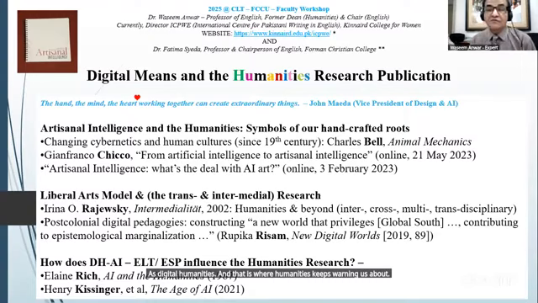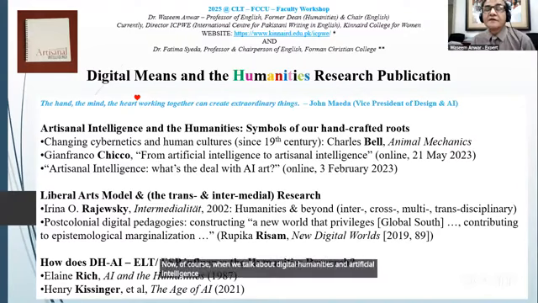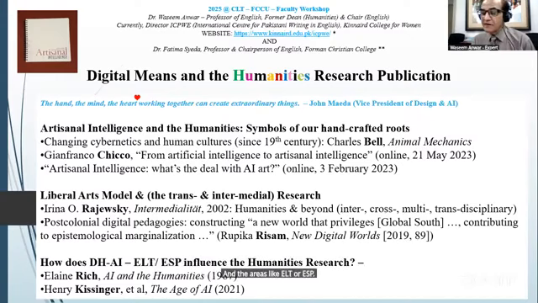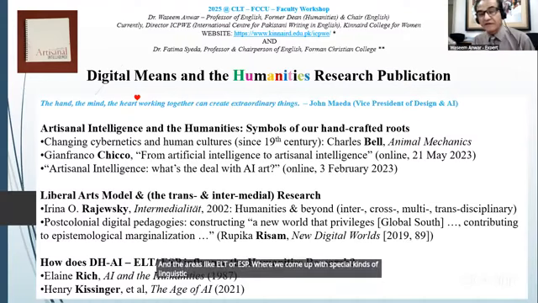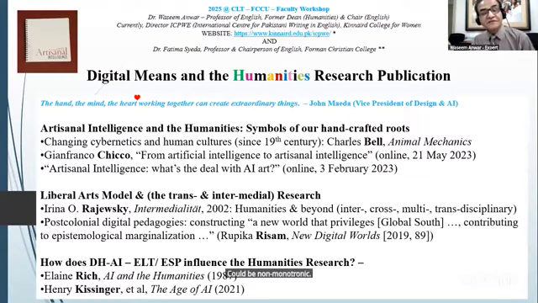Now, of course, when we talk about digital humanities and artificial intelligence, it is very helpful even in terms of cross-disciplinary understanding, and there are areas like ELT or ESP, where we come up with special kinds of linguistic processes that we deal with. Could be non-monotonic reasoning or the concordance that comes along. Could be the field of medicine or cybernetics, whatever we are dealing with.